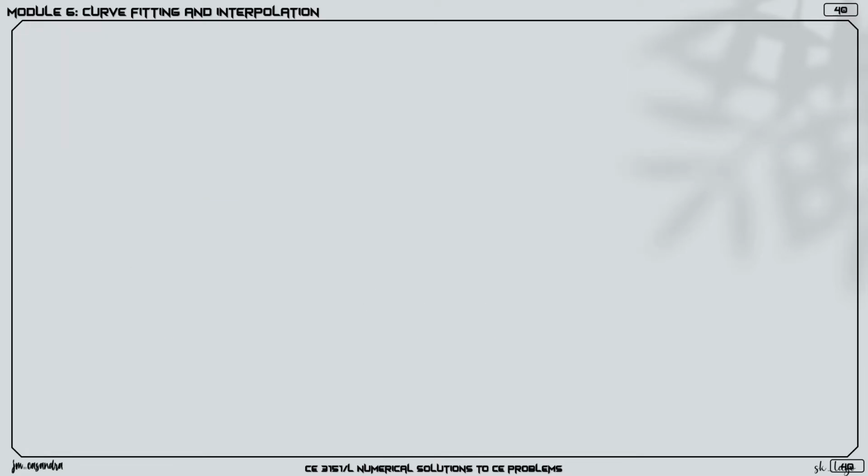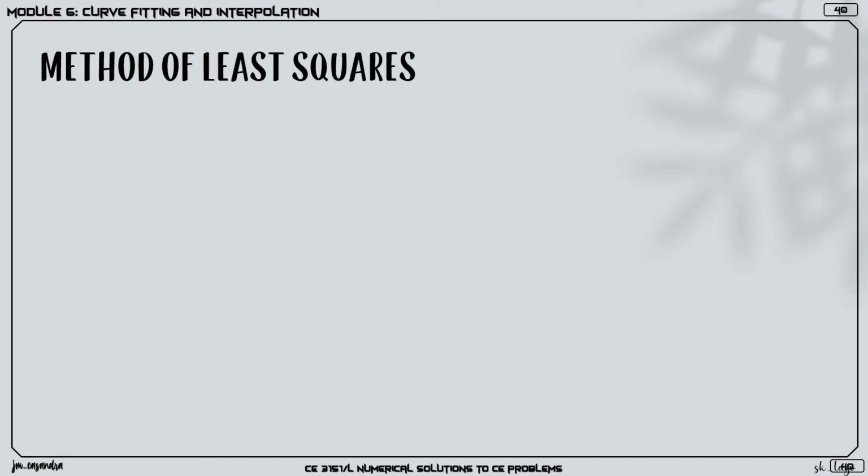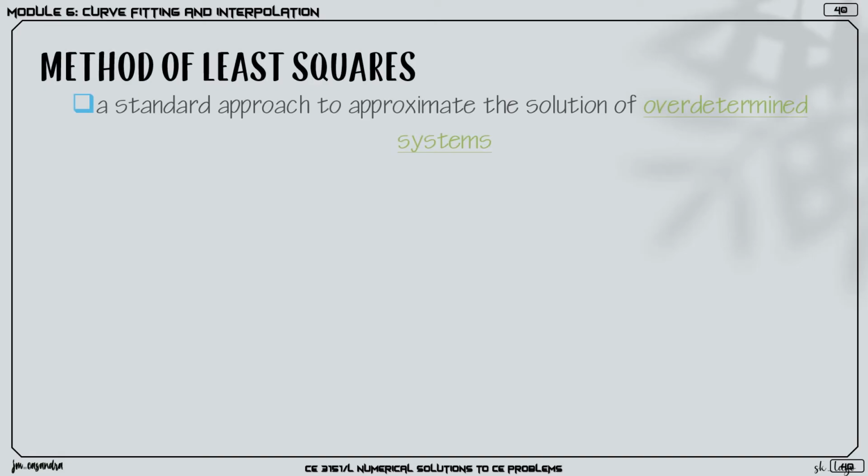Another method that we use for curve fitting is the method of least squares. This is a standard approach to approximate the solution of overdetermined systems. An overdetermined system is a set of equations in which there are more equations than unknowns.